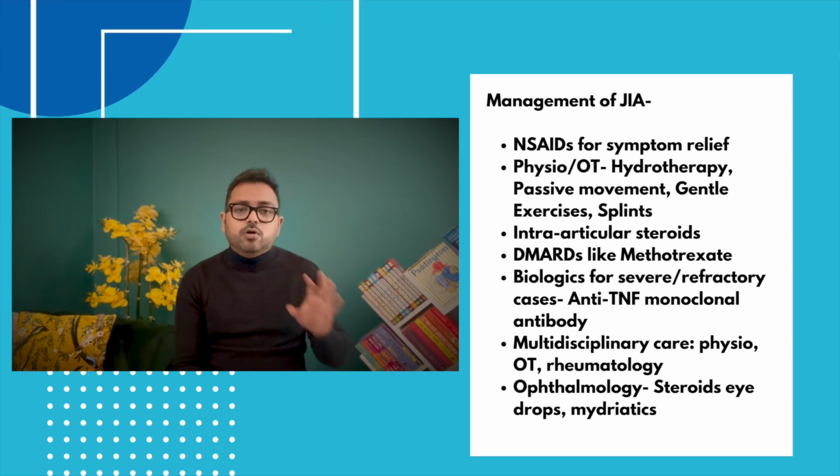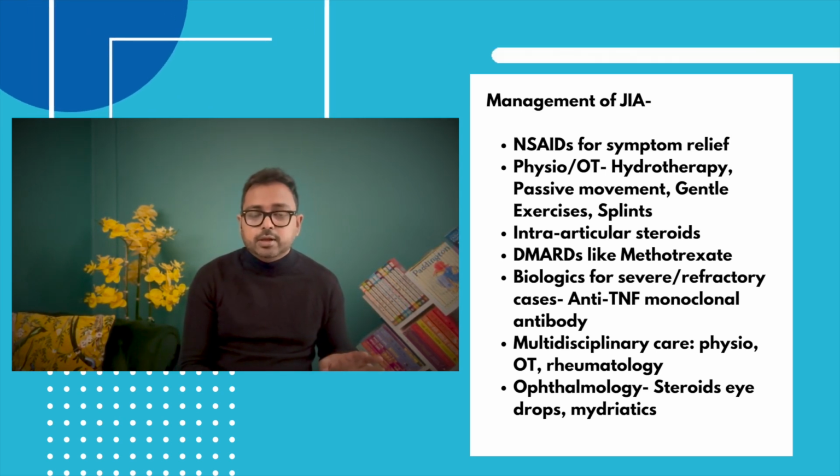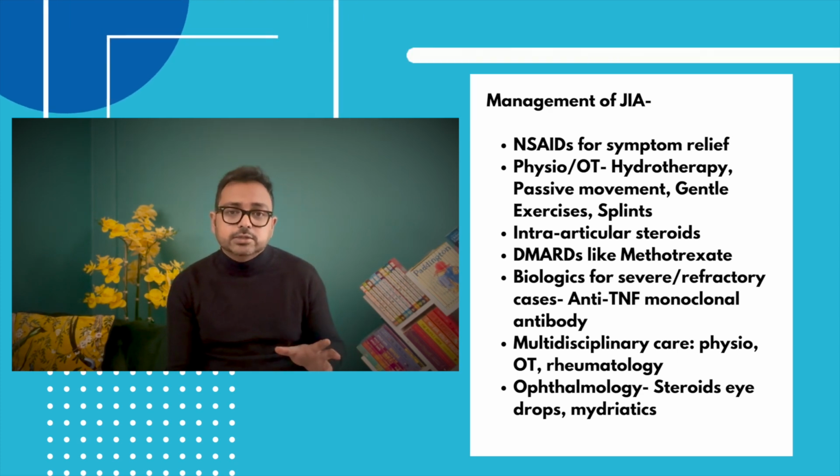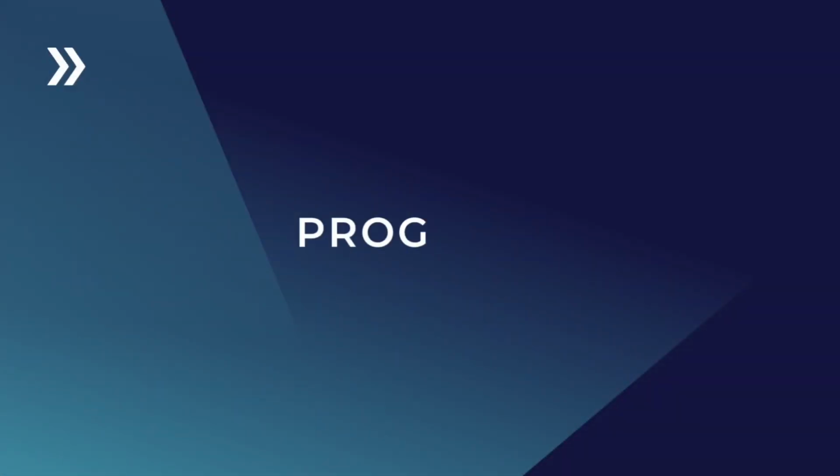Then we have to call occupational therapy as well as physiotherapy to look after it. And to treat complications like eye involvement, mydriatics and steroid drops can be given. Sometimes we inject steroid into the joints as well to reduce the inflammation there.